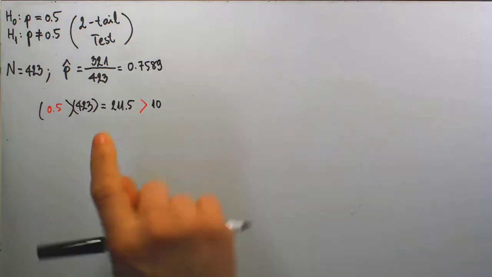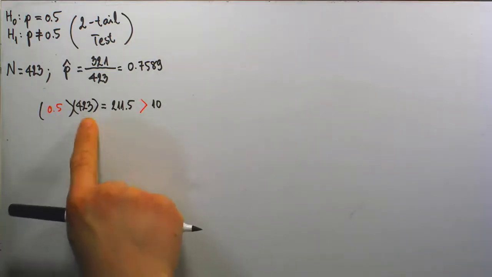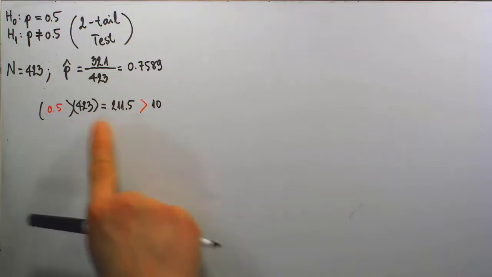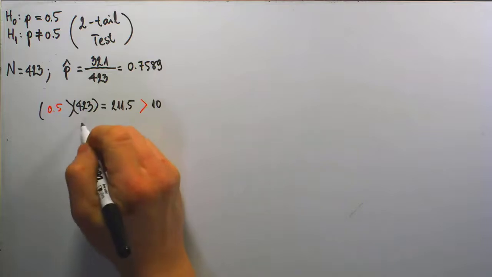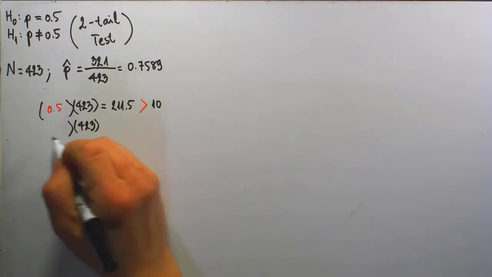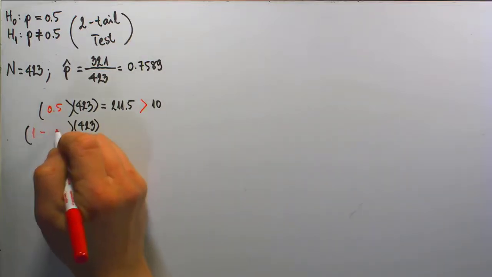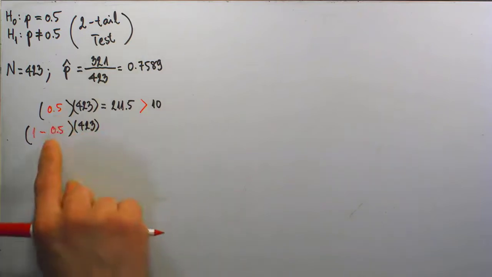That tells us that our sample size has passed one of the 2 requirements. Now the same sample size we are going to multiply with 1 minus 0.5, which is exactly 0.5 again.